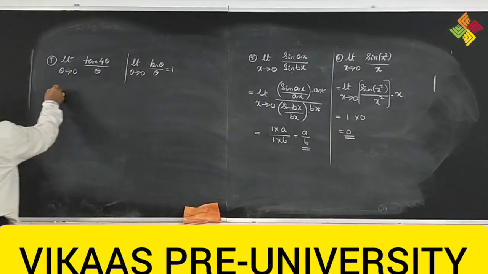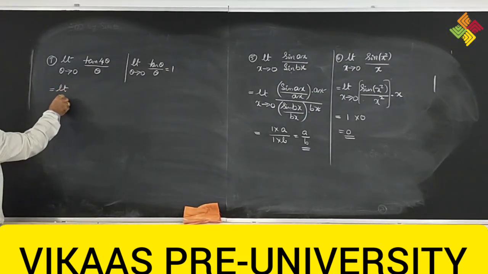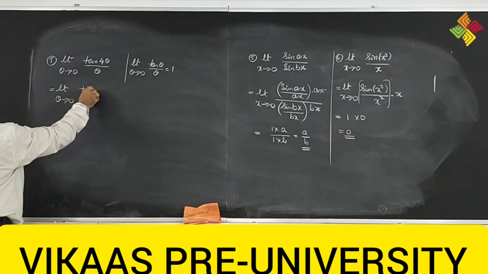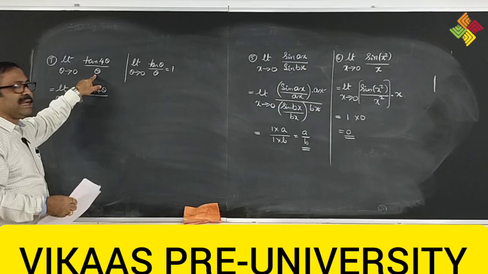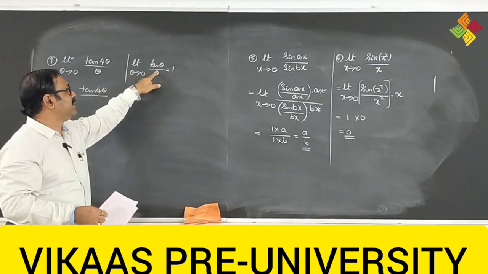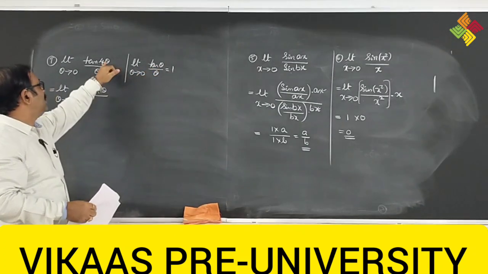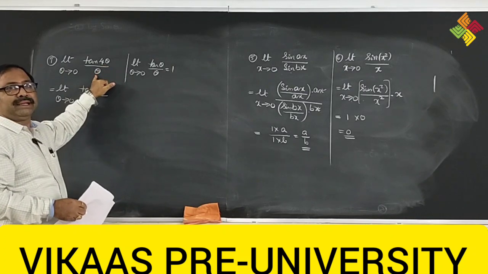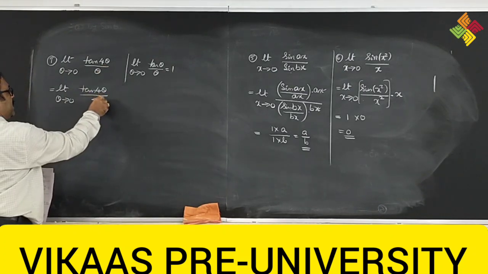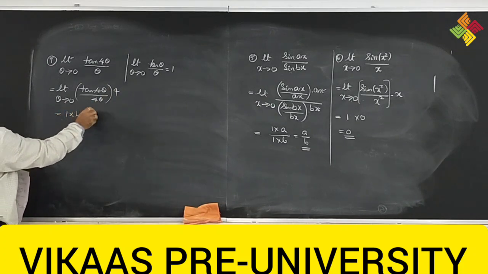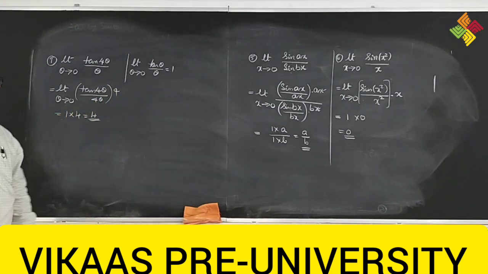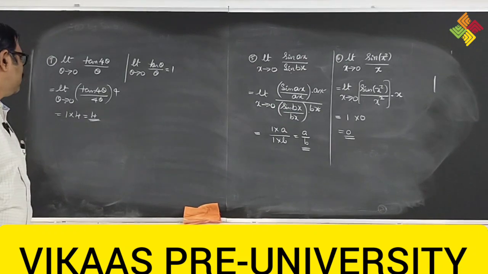Now we write limit theta tending to 0 tan 4 theta. The same thing must be there in the denominator. Here tan theta by theta is there, so tan 4 theta by 4 theta is required. So you divide by 4 and multiply by 4. 1 into 4. So finally the answer is equal to 4. Followed?